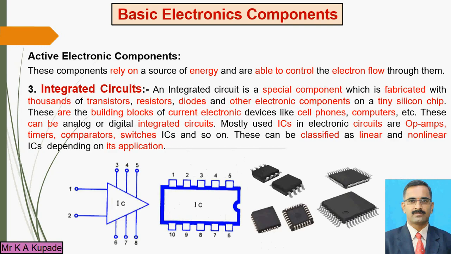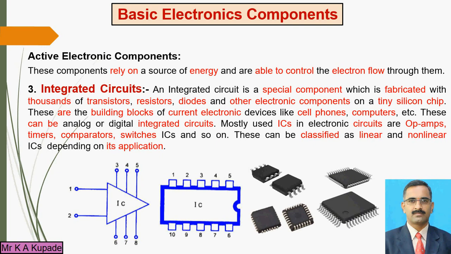Now, the next active component is the integrated circuit. An integrated circuit is a special component fabricated with n number of components like transistors, resistors, diodes, inductors, and some additional electronics components on a tiny silicon chip, right?